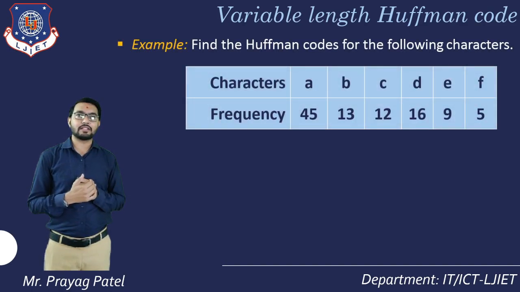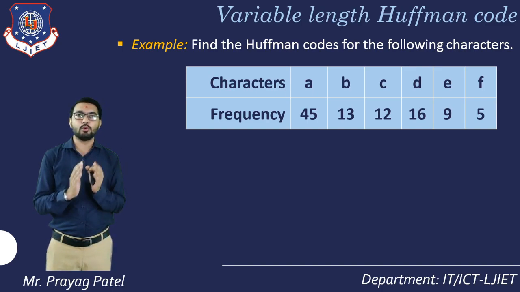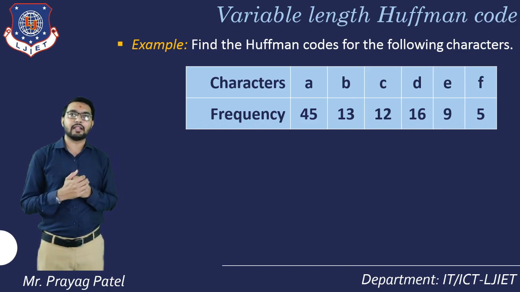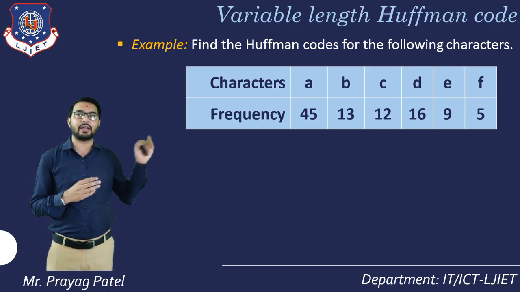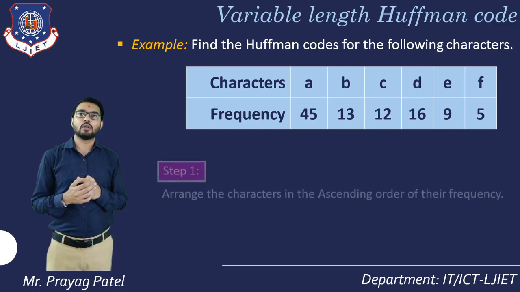Now consider the same example for variable length Huffman coding. In fixed length Huffman coding, you combine two nodes which are possible and add their frequencies to find the intermediate node. Now in variable length Huffman coding, consider the given characters A, B, C, D, E, F with their frequencies.